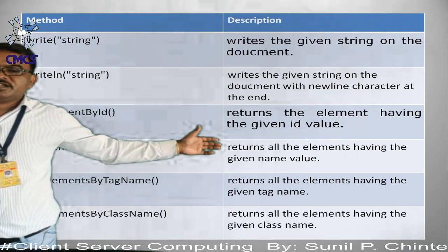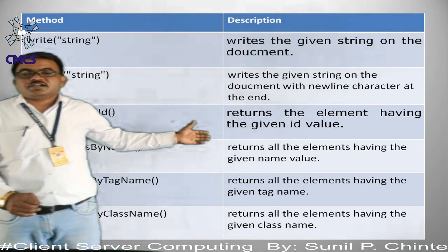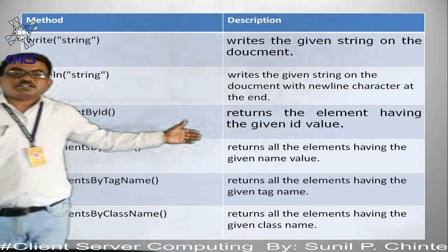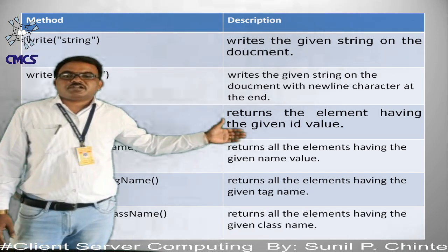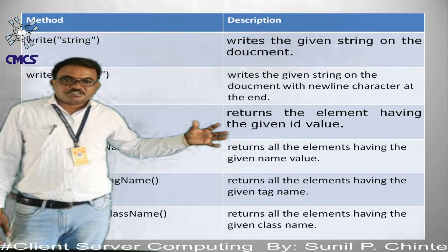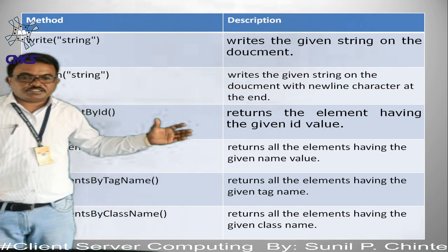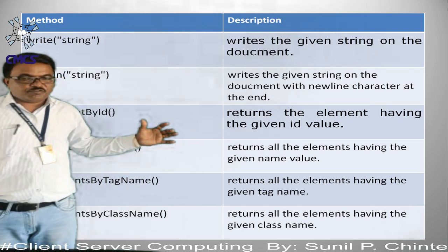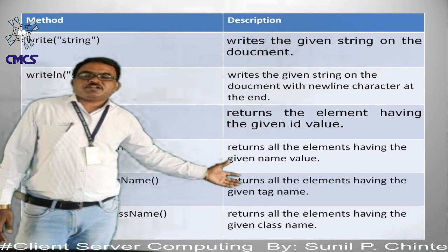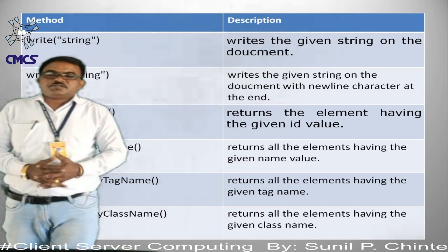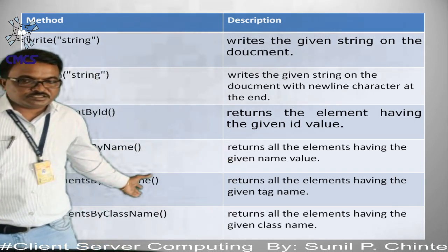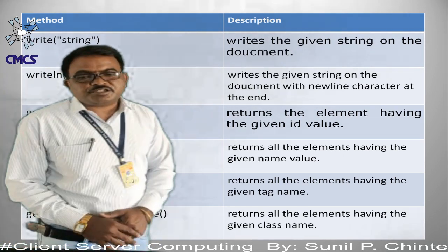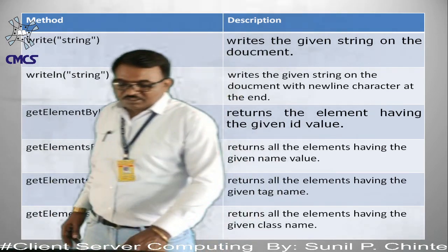Let's see what getElementById is. getElementById returns the element having the given id value, meaning it will return the element by using the id. Similarly, getElementsByName will return the elements having the given name value, getElementsByTagName returns elements having the tag name, and getElementsByClassName will return the elements having the given class name.